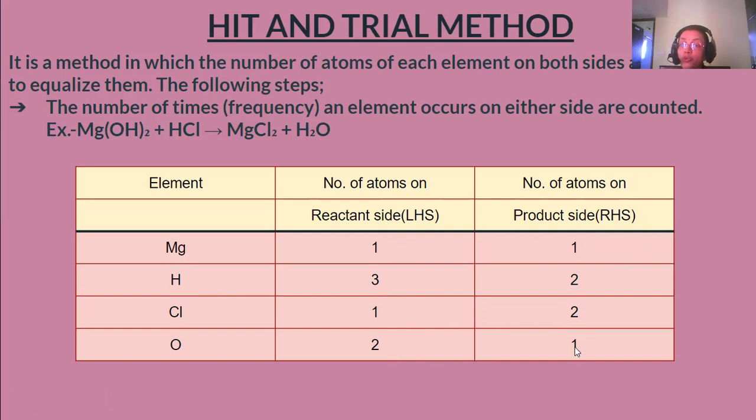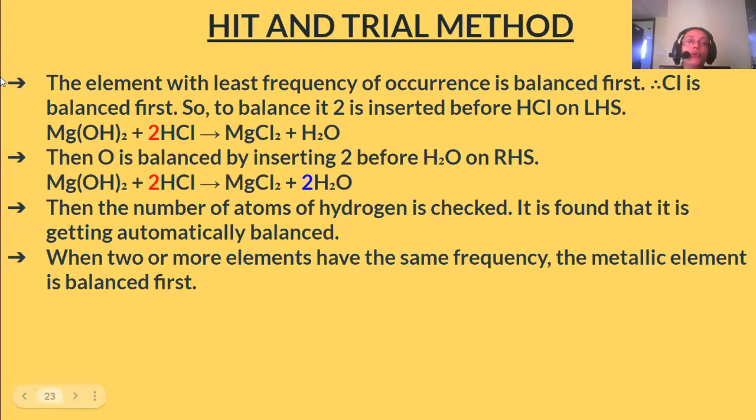So what do we do? There is an unbalanced situation, so we need to balance it. The element with the least frequency of occurrence is balanced first. So chlorine is balanced first. To balance it, 2 is inserted before HCl on the left-hand side.